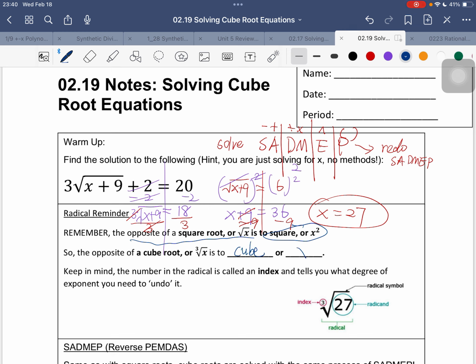Write it down, or x cubed. Then everything else is the same. We're still doing SAMDEP, however, only for the E, or exponent, part. Every time we see cube root, we need to put a cube to cancel it out.